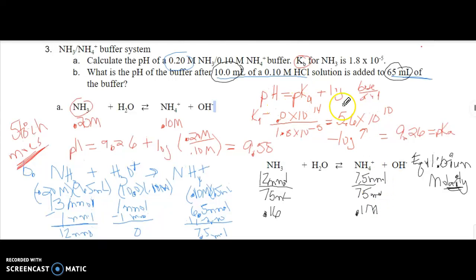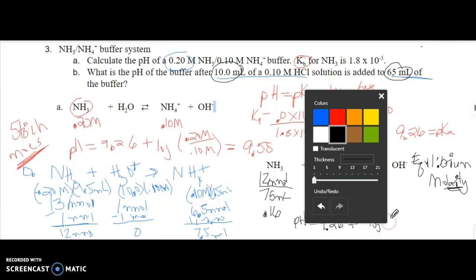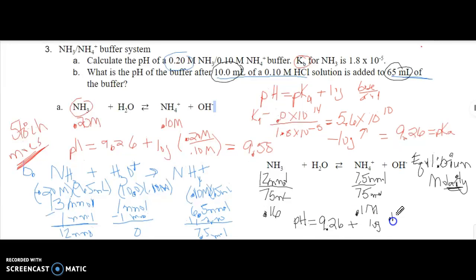So when I substitute back into my pH equation, my pH is still going to be 9.26, my pKa value, plus the log of the base, which is the 0.16, over 0.1.